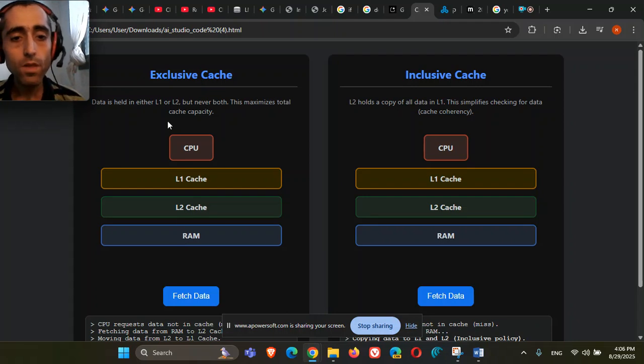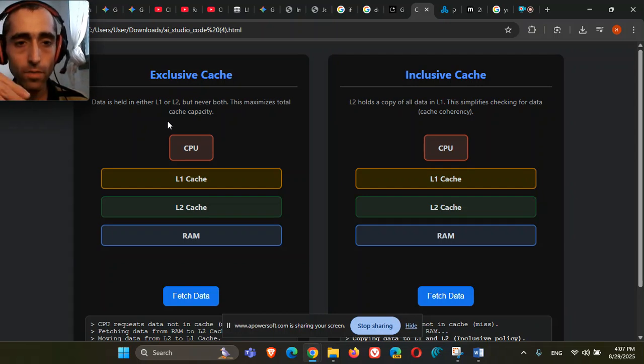Now, the question when you're talking about exclusive cache and inclusive cache is how data will be stored in the cache. Or more precisely, will every cache level have unique data, or will the levels share the data with each other, with copies of the data?